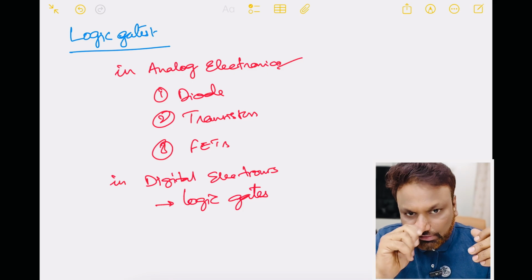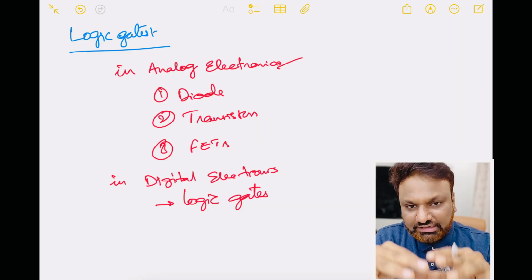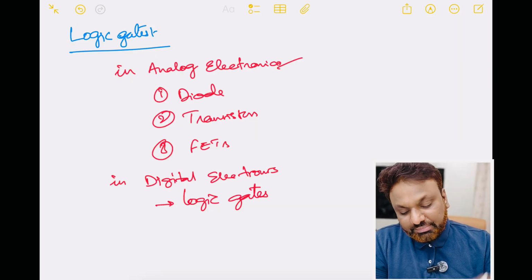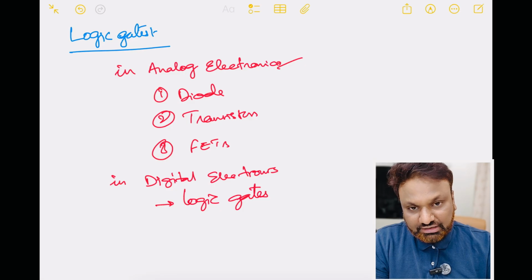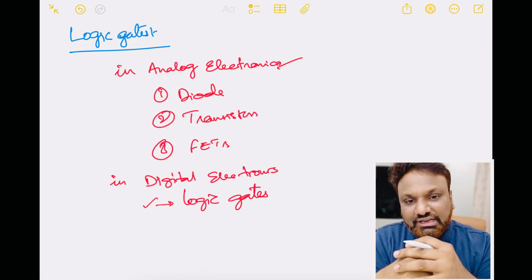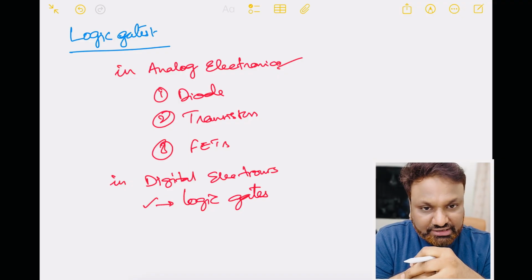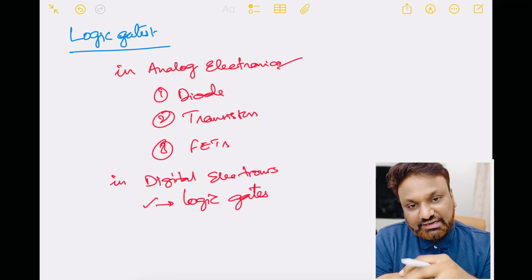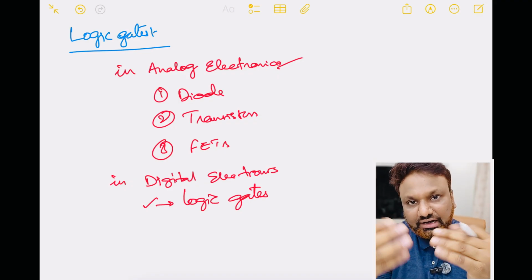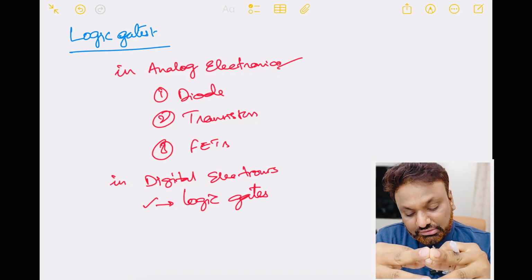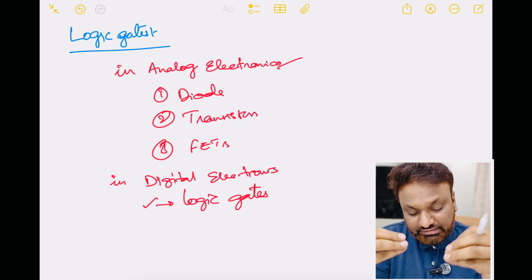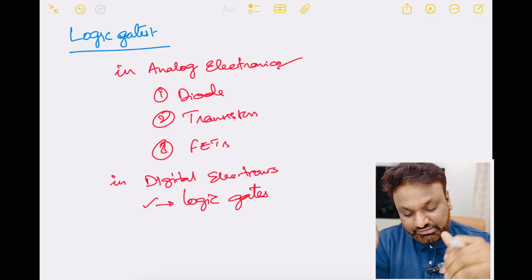Even if you take a decoder, again it's a combination of logic gates internally, right? So the basic building devices in digital electronics are logic gates, and the circuits constructed by using the logic gates we are going to study, like multiplexer is a circuit, decoder is a circuit, comparator is a circuit, right? Multiplier is a circuit, adder, subtractor and many more, right? So in digital electronics, logic gates are the basic building blocks, right?